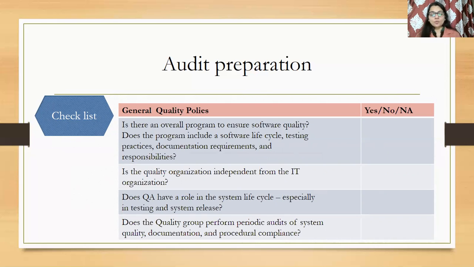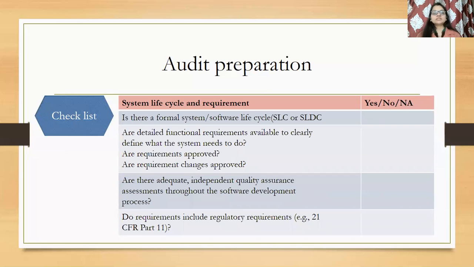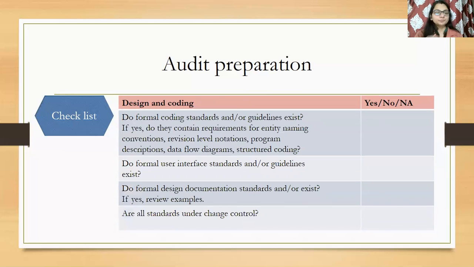Does the quality group periodically audit the system quality documentation and procedural compliance? System life cycle and requirements: is there a formal SLC? Are detailed functional requirements available for clarity? Are there adequate independent quality assurance systems throughout the software development? Do the requirements address adequate regulatory requirements like 21 CFR Part 11?